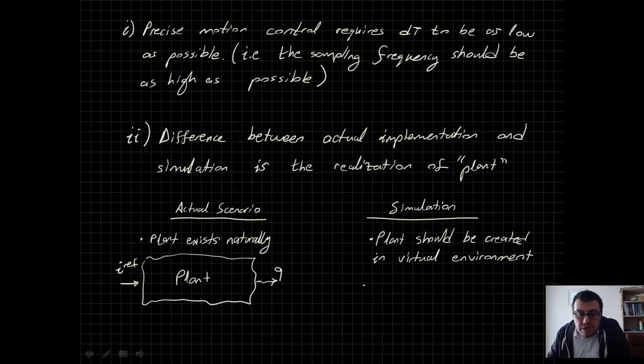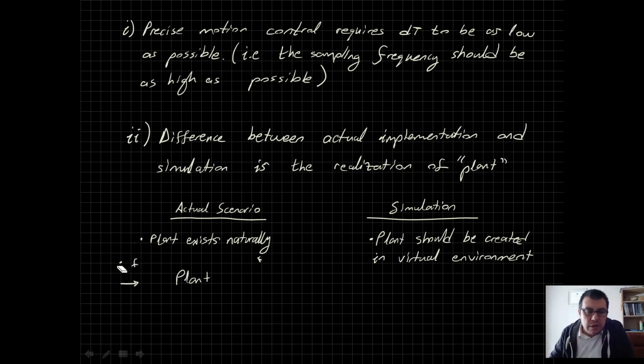But in simulation environment, you basically, and of course don't forget that on the plant there is naturally a, well, let me move these to the new page so I can show you a better illustration. Let's move to the new page. So actual scenario is this.